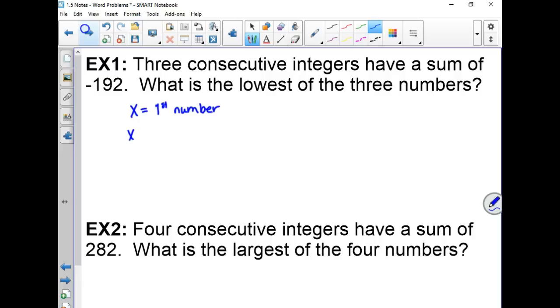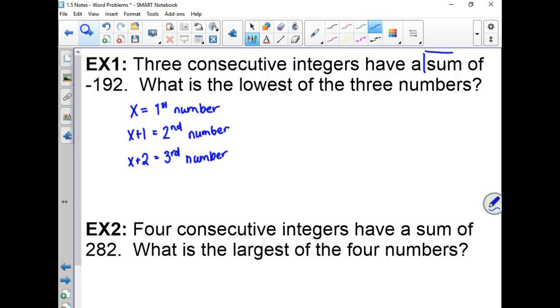So x plus 1 is my second number. And then the third number would be 2 larger than the first number. So x plus 2 would be my third number. So this will give us consecutive integers, even though we don't know what the first integer is.